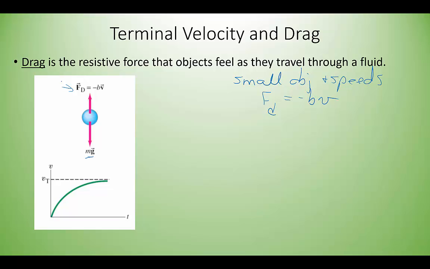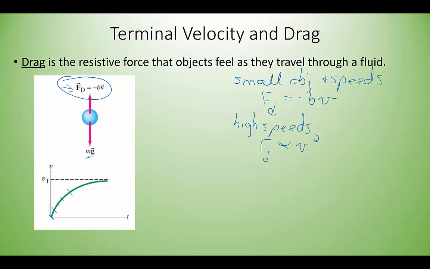At high speeds, the force of the drag is proportional to v squared as opposed to v. So when we're trying to figure out what that does to the velocity of the object as it's falling, you can see as the object starts its descent with zero speed, it will be accelerating due to gravity, but its acceleration is decreasing because as its speed goes up, so does the drag.